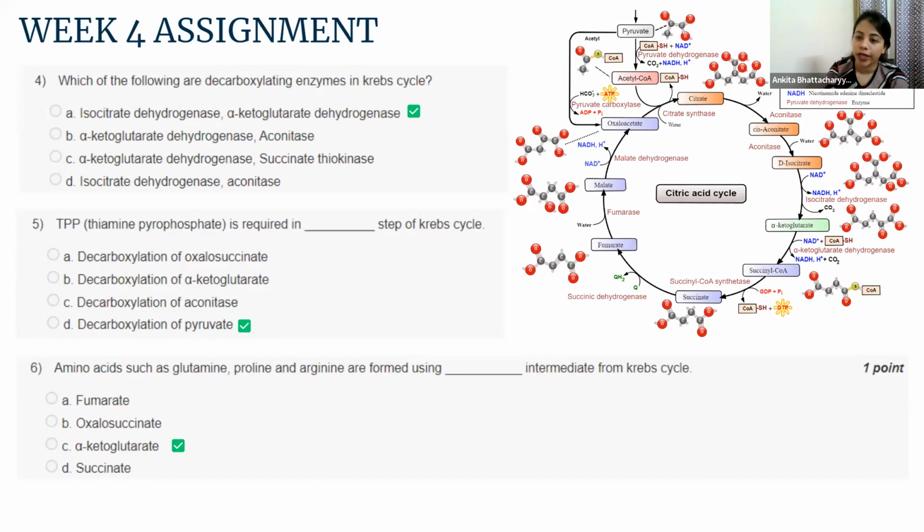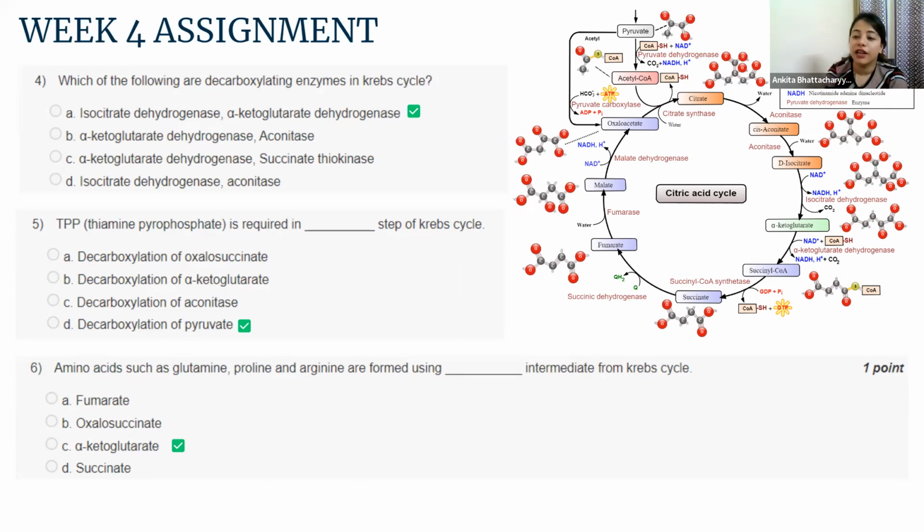You just need a mnemonic where you can remember the first letter of each of the intermediates, and you can form that mnemonic as per your comfort. One of my friends actually does this, and it's easy to recall because there are so many intermediates, it can often get confusing.